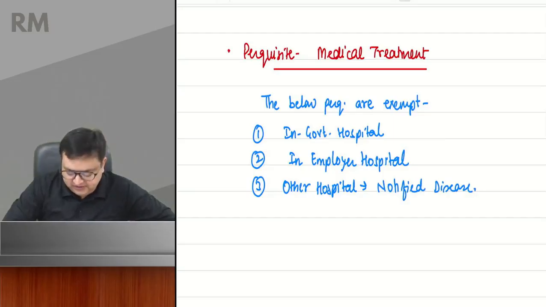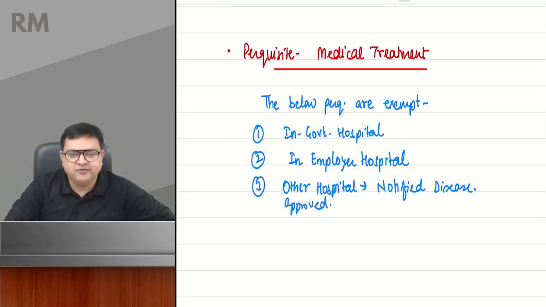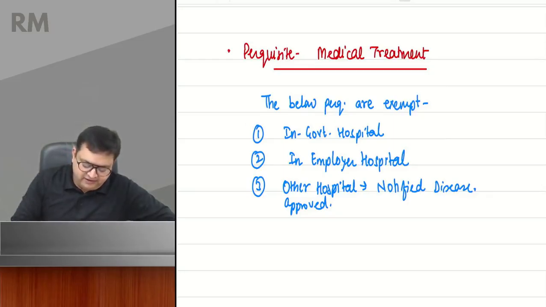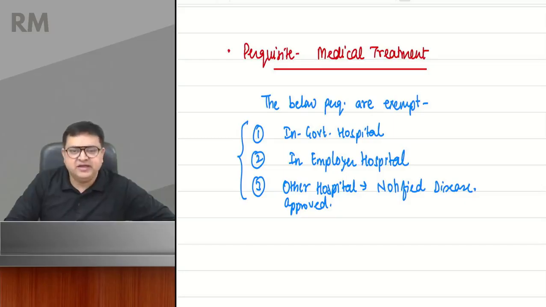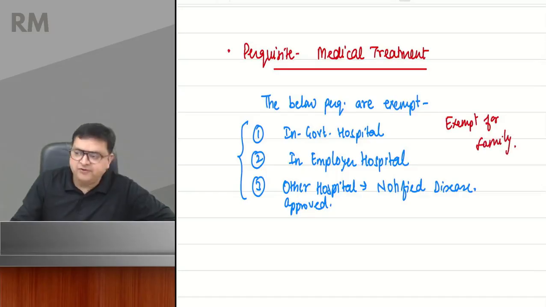So if it is in another hospital which is approved by the commissioner, and most of the hospitals are approved, it is for notified diseases like cancer, tuberculosis, life-threatening diseases. So if the medical treatment facility is provided in these 3 cases, this is exempt for the family. Only for family, not for any other person.